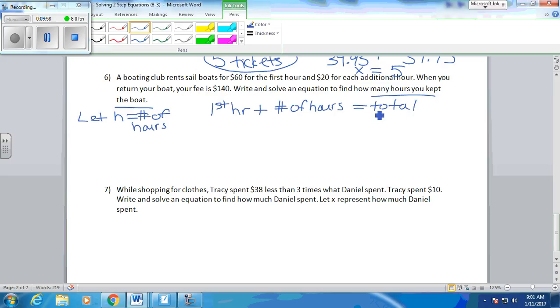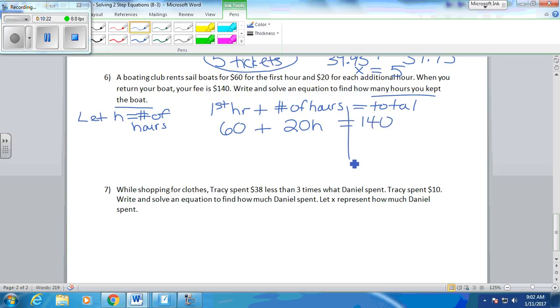Now, you might not necessarily have to write this out in words every time. I'm just trying to show you where I'm getting my answers from so that with your notes you've got more information. So the first hour, the fee is $60. And then it's $20 per hour. So that's 20 times the number of hours equals our total cost of $140.